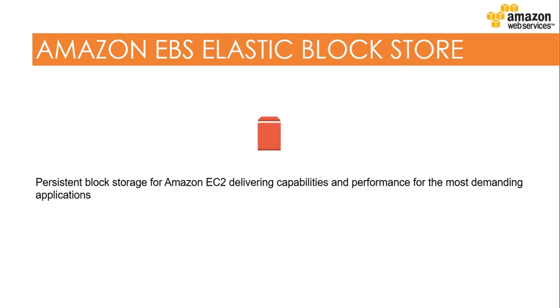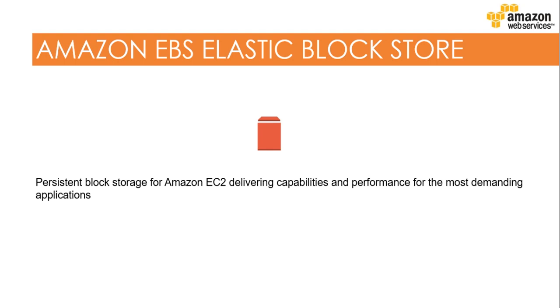The next service we have is Elastic Block Storage. It is persistent block storage for Amazon EC2, delivering capability and performance for the most demanding applications. If you remember, at the time of creating EC2, we chose an EBS block as a volume, the root volume, and we can add additional ones as well.